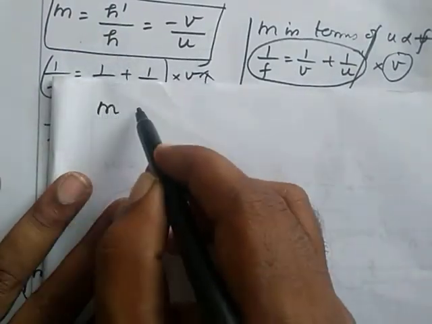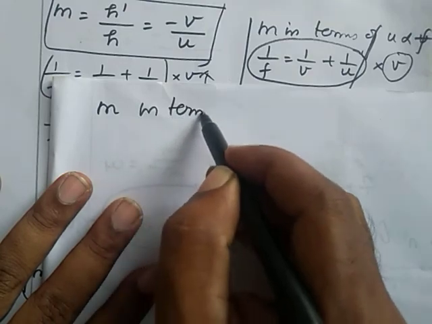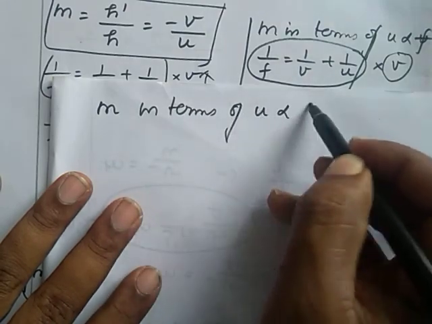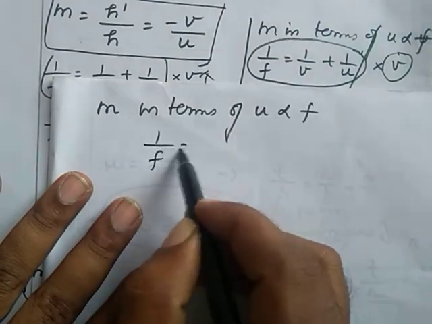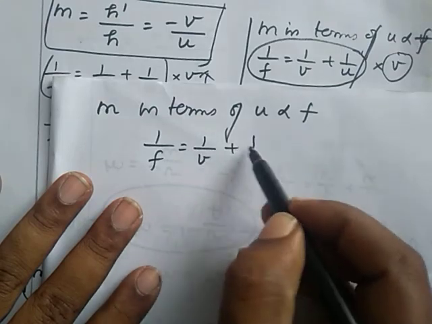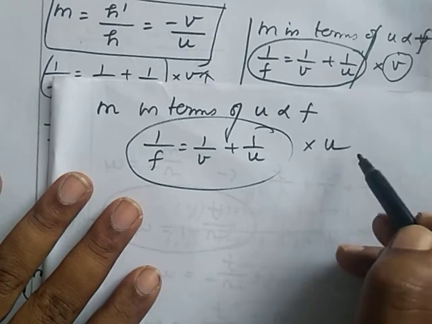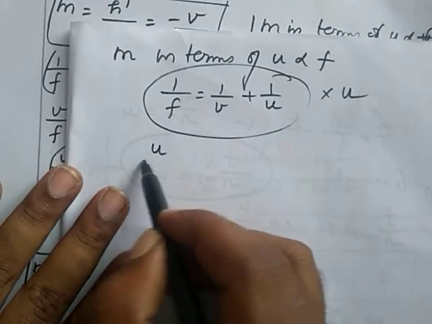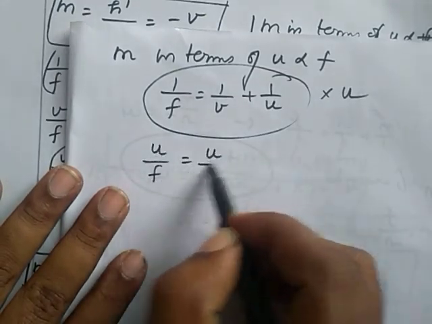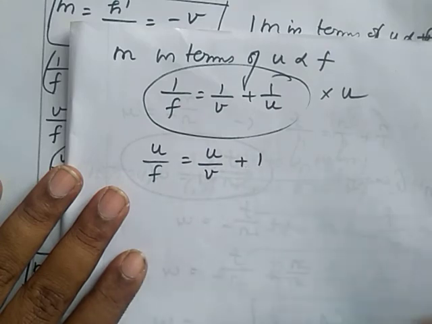We need m in terms of u and f. 1 by f is equal to 1 by v plus 1 by u. This is the mirror equation. Multiply this mirror equation with the term u, then we get u by f is equal to u by v plus 1.